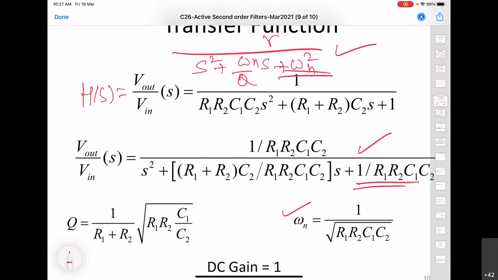So this is what we obtained for Q and omega n, and the DC gain you can see is equal to 1 because we had started with a unity gain mode of the op amp.